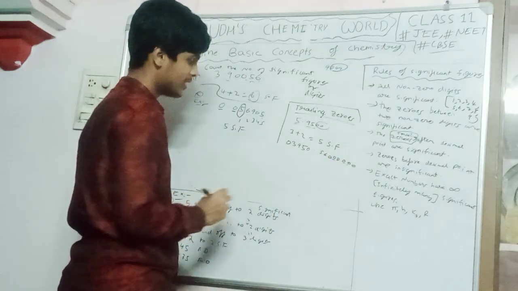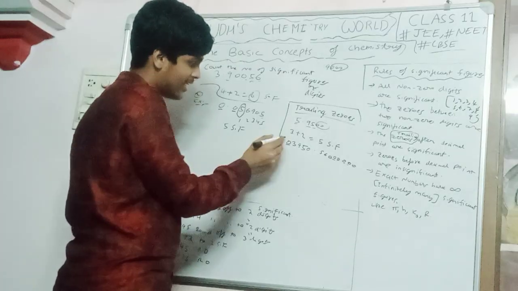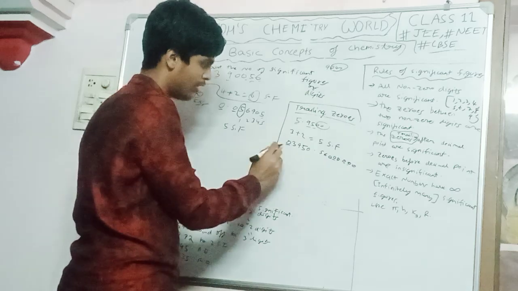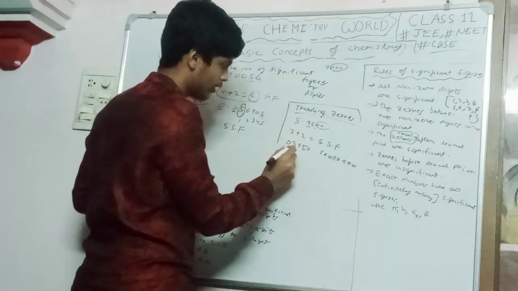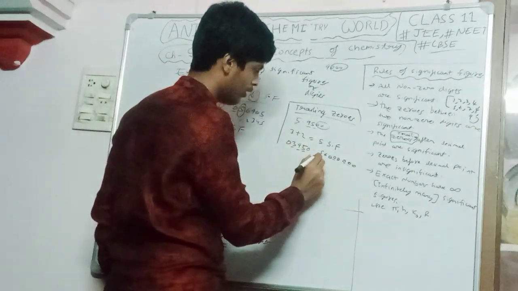See here this 0, since there is no non-zero digit before it, it's not significant, so insignificant. Let us not count this. First of all, count all the non-zero digits. 1, 2, 3, 4, 5.